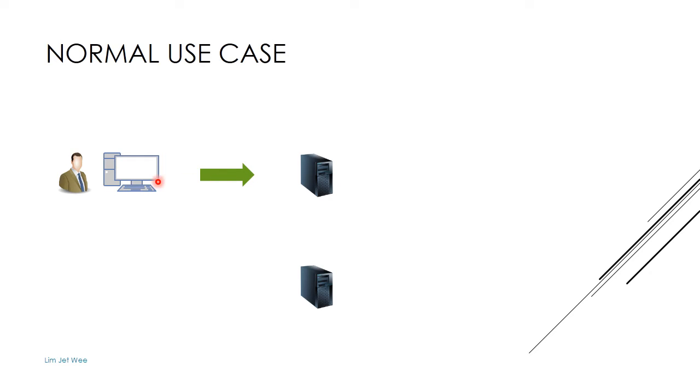However, in this particular use case, the request that goes to this server could not find it in its cache, which means it is not a hit. A hit means I can find it in my cache. It is a miss, which means I can't find it in my cache.